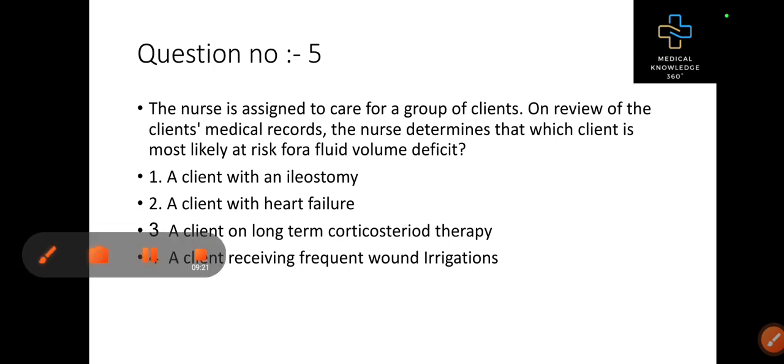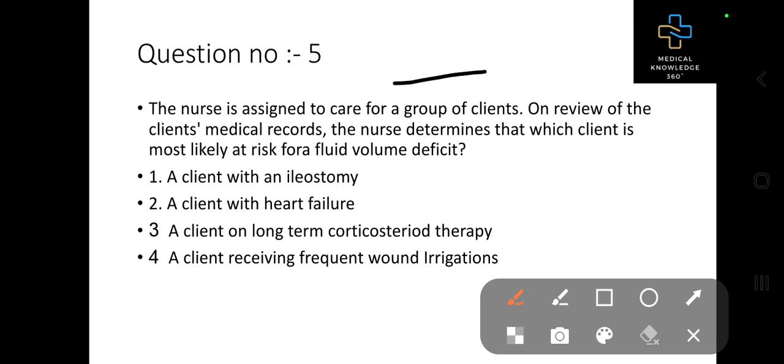Here, the nurse is assigned to care for a group of clients, and on reviewing the medical records, the nurse determines which client is most likely at risk for fluid volume deficit. So, the right answer for this question is a client with an ileostomy, because a fluid volume deficit occurs when the fluid intake is not sufficient to meet the fluid needs of the body.